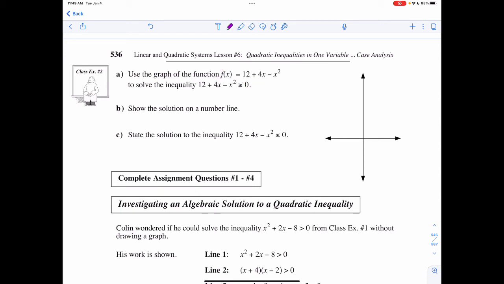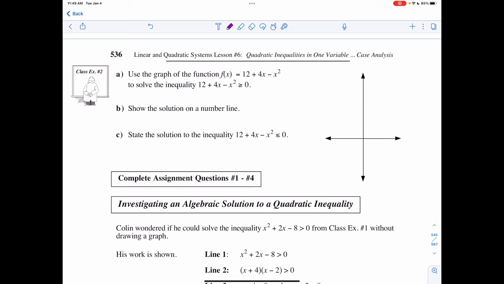So the first thing I'm going to put into my calculator is y is equal to 12 plus 4x minus x squared. I'm going to graph it out, and I'm going to find where the solution region exists on my graph.